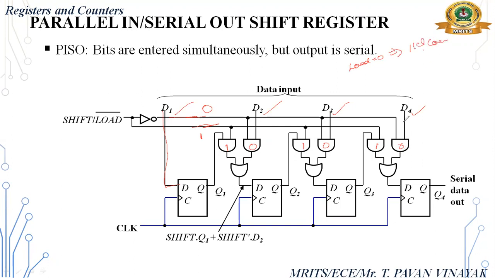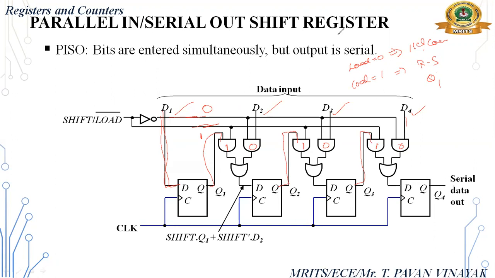So I am loading data D4, D3, D2, D1. When load is 1, right shift. Right shift means the first flip-flop gets D1 directly. For the second flip-flop Q1, for the third flip-flop Q2, for the fourth flip-flop Q3. We are giving like this.